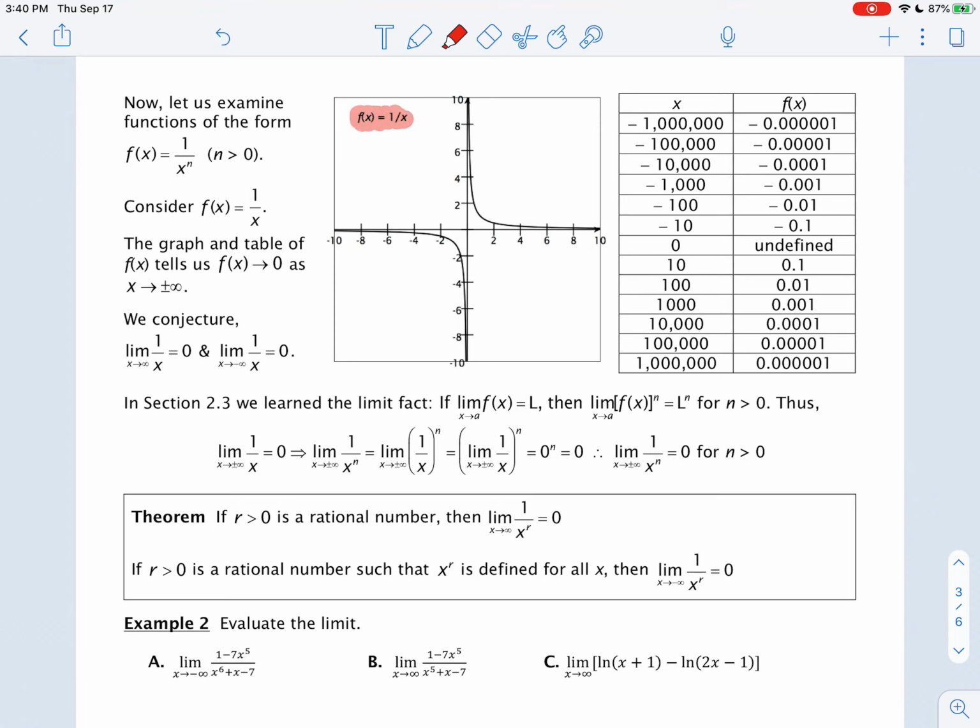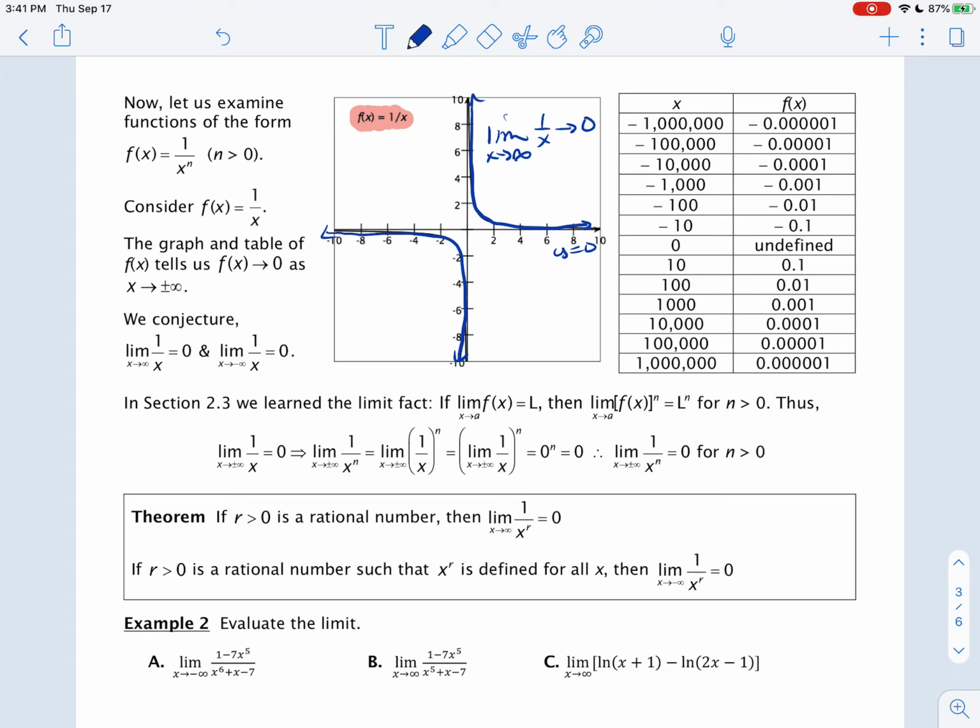So we can take a look at our function y equals f of x equal to 1 over x, and here is the right of x equal to 0, and here is the left of x equal to 0. We can clearly see that the limit as x approaches positive infinity of 1 over x is approaching 0, because this is our line y equal to 0. 1 divided by a bigger and bigger number is becoming smaller and smaller.